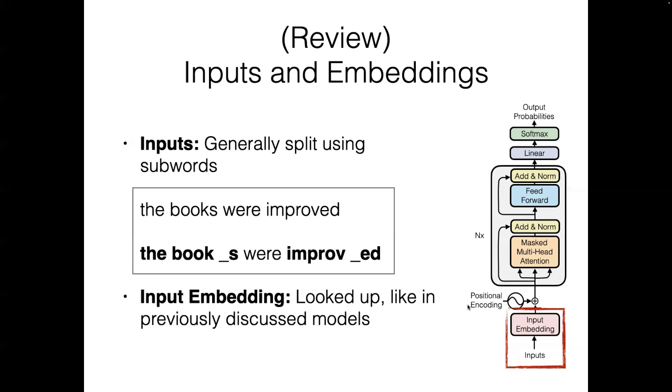I talked about byte pair encoding, BPE, and most of the state-of-the-art language models are using BPE. The notebook that's provided will actually show you how to train a tokenizer and get one, and that's pretty representative of how you do it in an actual model.